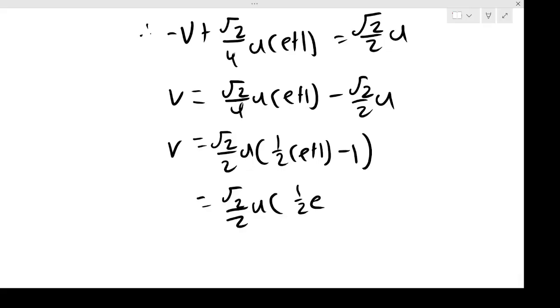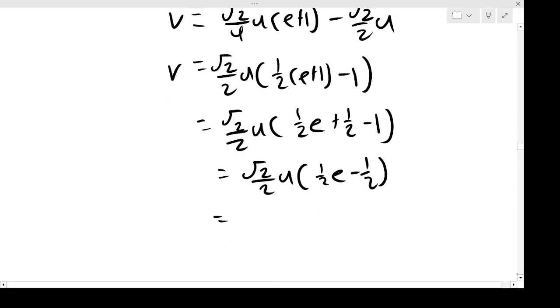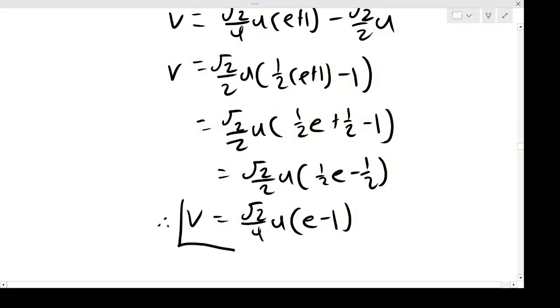So I'm going to get half E plus a half minus 1. So that's going to be root 2 over 2U of a half E minus a half. And so then I can factor a half out as well. So root 2 over 4U lots of E minus 1. There we are. Okay, so that's my expression for V there.